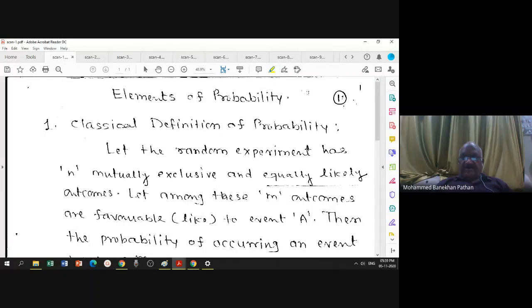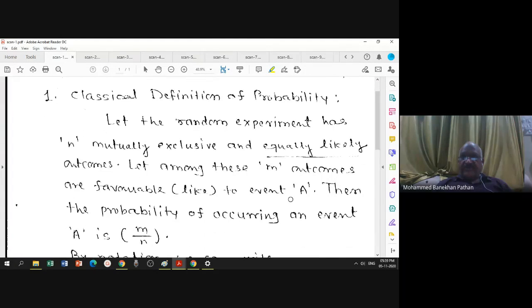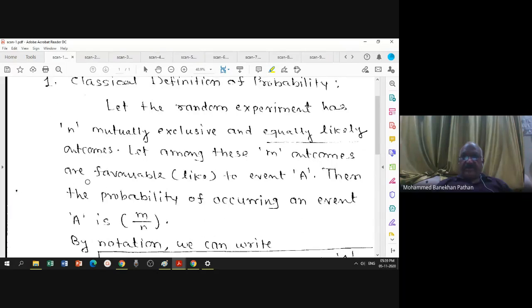Let among these n outcomes, m are favorable to event A. Then the probability of occurring an event A is m divided by n. So this is a simple definition of classical approach to probability.